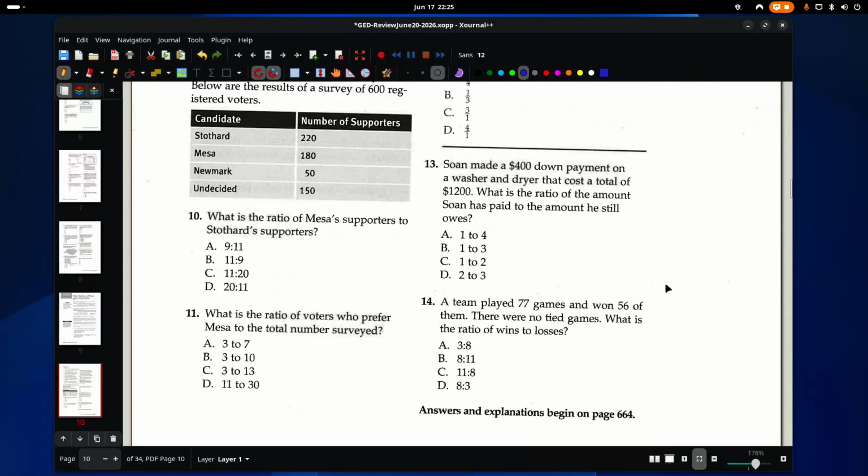Let's look at number 14. A team played 77 games and won 56 of them, and there were no ties. What is the ratio of wins to losses? So we need to know the number of losses. So losses is going to be 77 minus 56, which is, so 77 minus 50 would give us 27, and so we get 21.